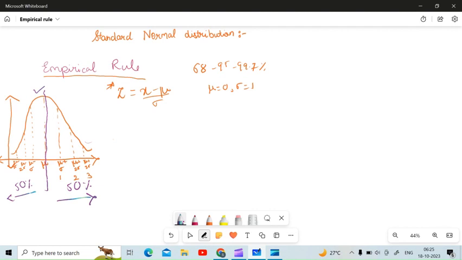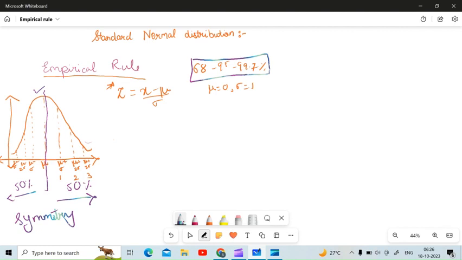So it's a part of the symmetry. If the distribution follows the normal distribution, then definitely it follows the symmetry property, right? So by that, we find the values of the empirical rule. It's nothing but 68, 95, 99.7 percentage. How did it come? What is this percentage?